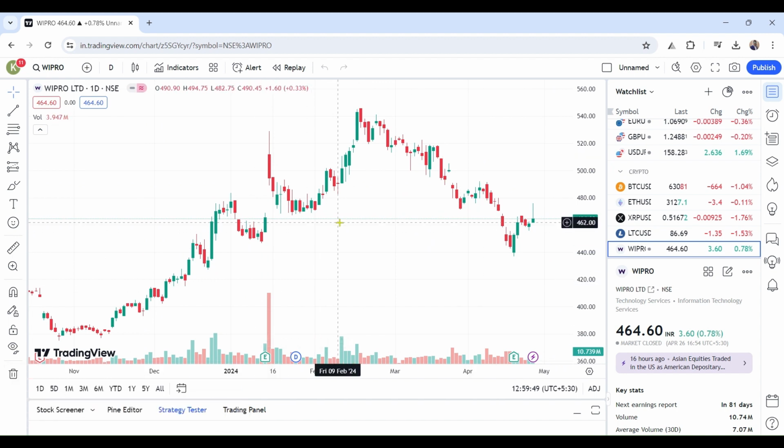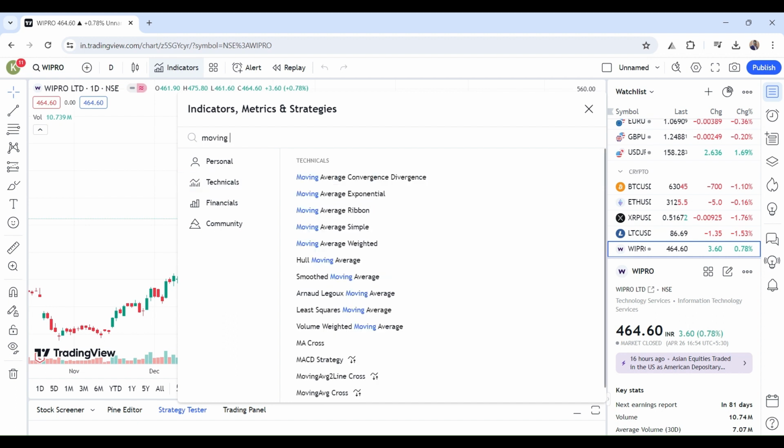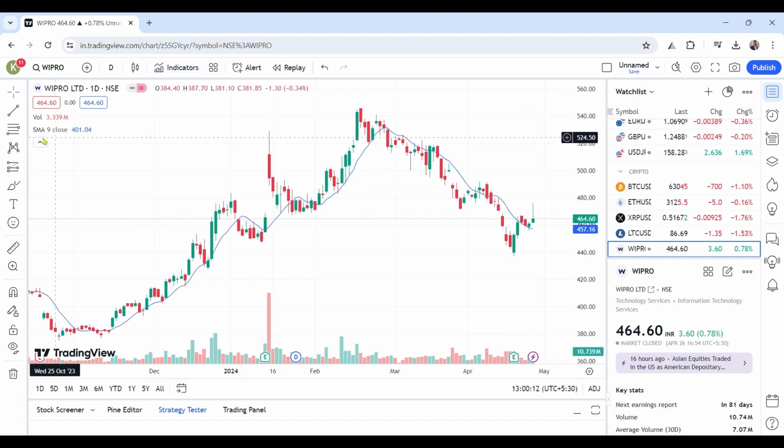Let's see how we do that in this tradingview.com website. Here you see these indicators. Just go here. You have the technical selected. Simply type moving average. In this, choose moving average simple. So we are choosing the simple moving average, and it adds something here if you see. Here you need to change some settings.